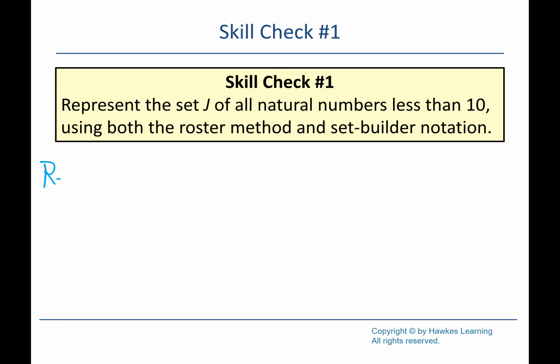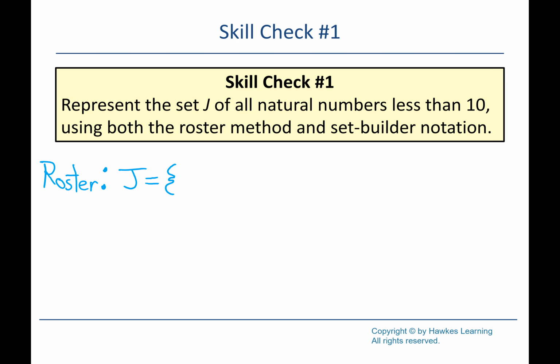So let's start with the roster method. There we would have our set J, and then we just list out the elements. This says the natural numbers less than 10, so that's our counting numbers, less than 10. So what's going to go in there?